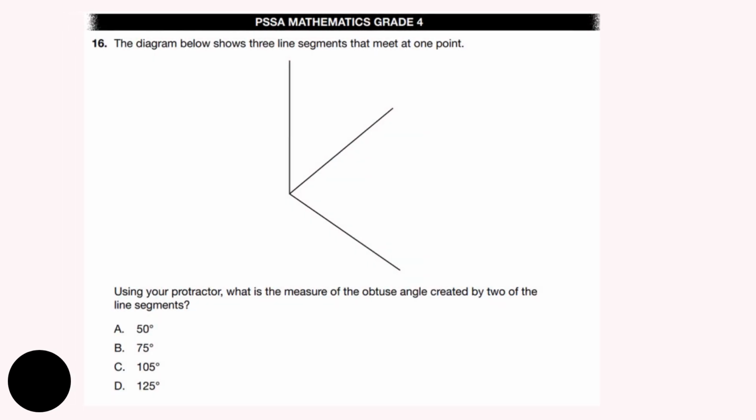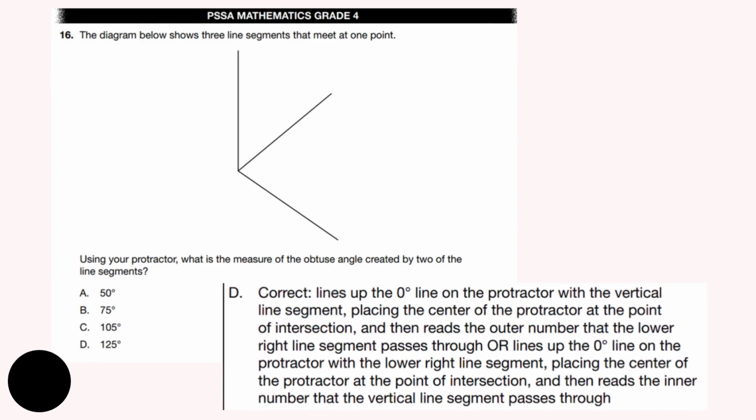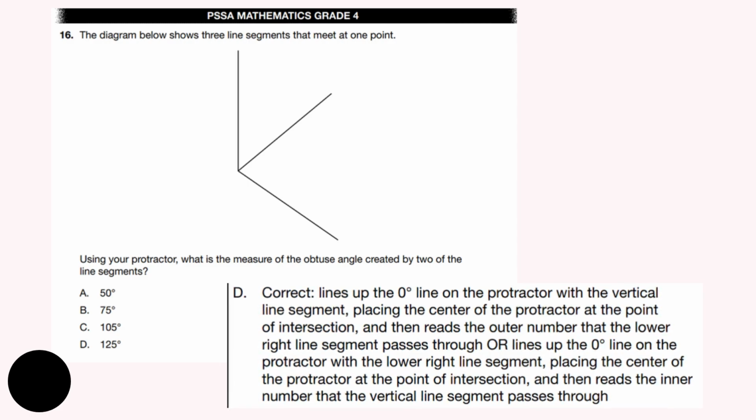The diagram below shows three line segments that meet at one point. Using your protractor, what is the measure of the obtuse angle created by two of the line segments? So first you need to line up the 0 degree line on the protractor with the vertical line segment, placing the center of the protractor at the point of intersection, and then read the outer number that the lower right line segment passes through.